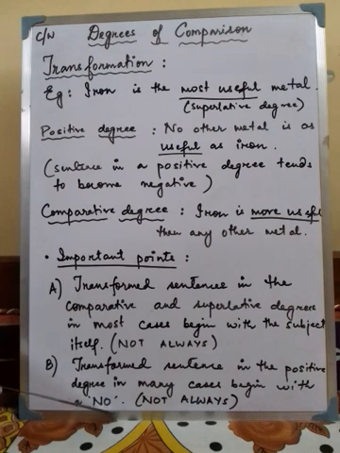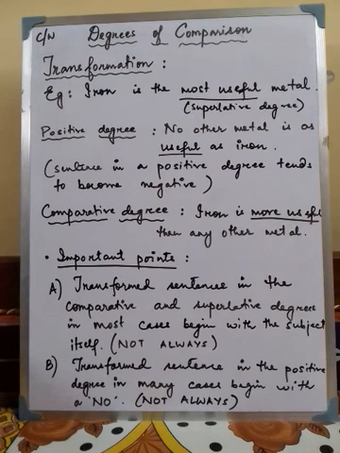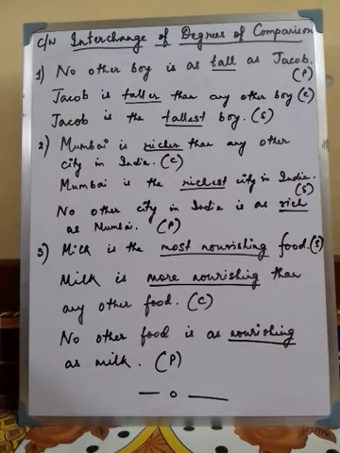But in transformation, most of the times we have seen that we have to transform the sentence in the positive degree to a negative in order to keep the meaning of the sentence intact. So keep these important points in mind while you are transforming the sentence from one degree to another and vice versa. Okay, let's take up some more examples.